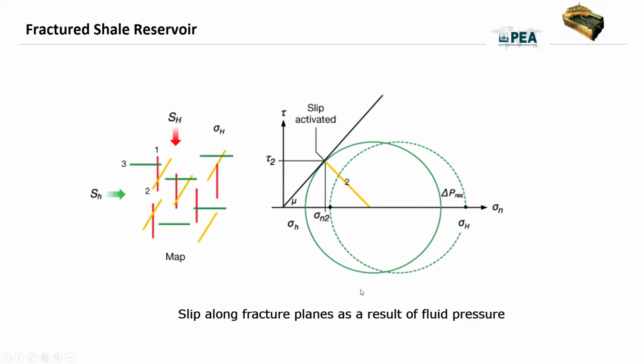If you see here, when the displacement happens fast enough, microseismic events can occur. So we have here reached the shear failure criterion.